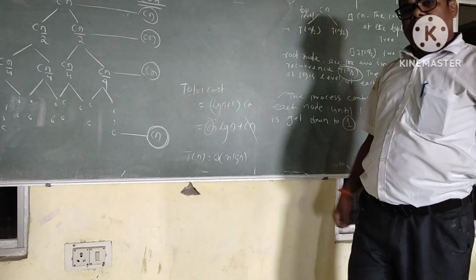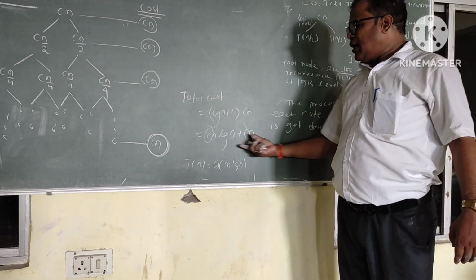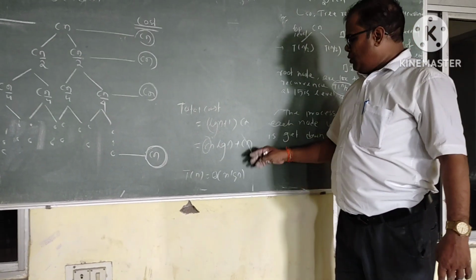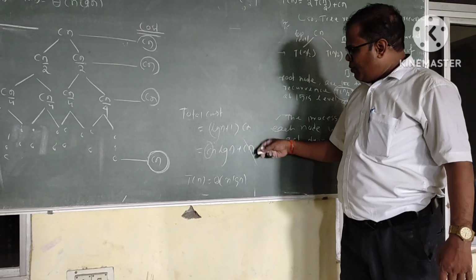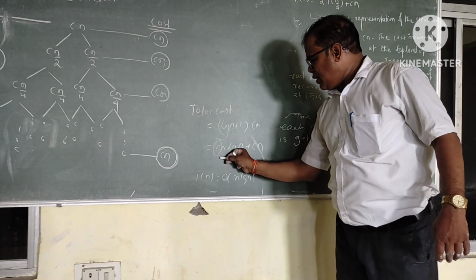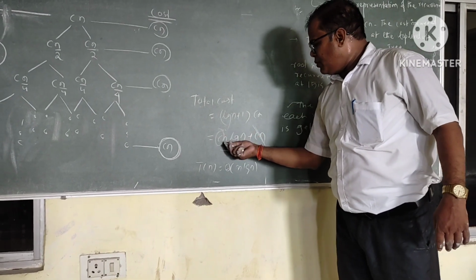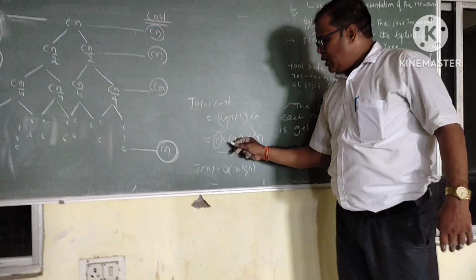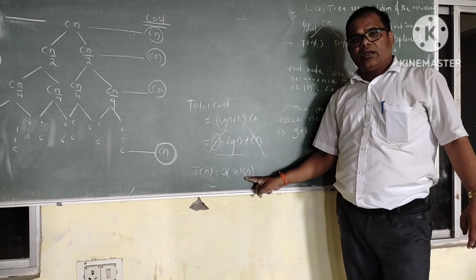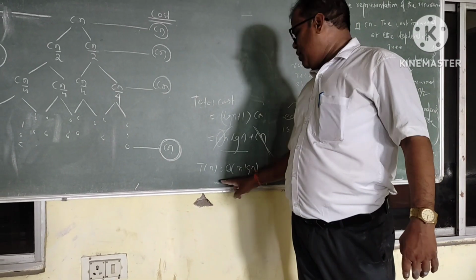Since this is the abstract level of time, again we have to eliminate the lower order terms and the coefficient of the leading term. The leading term is Cn log n, and its coefficient is C. You eliminate the C, and finally you find that the total cost is n log n. Hence, we write the running time of merge sort T(A) equal to theta of n log n.